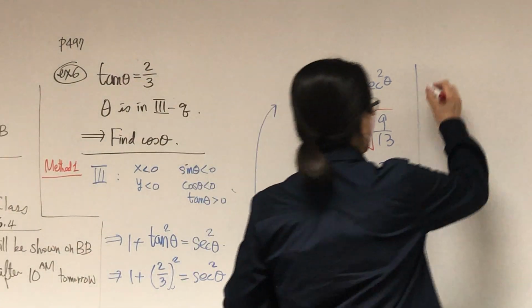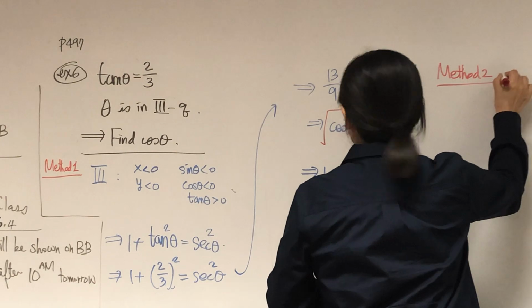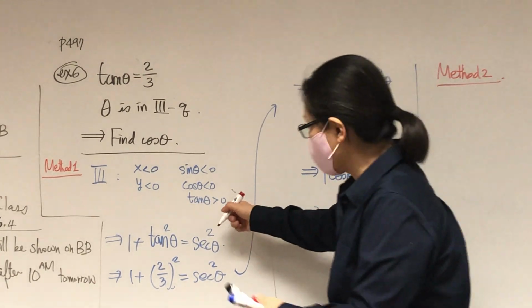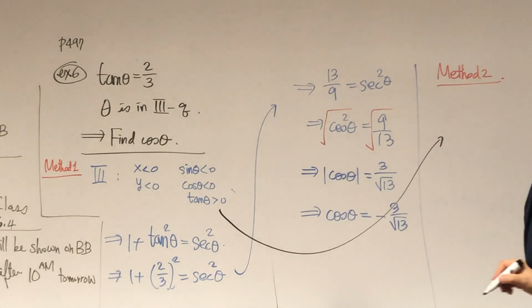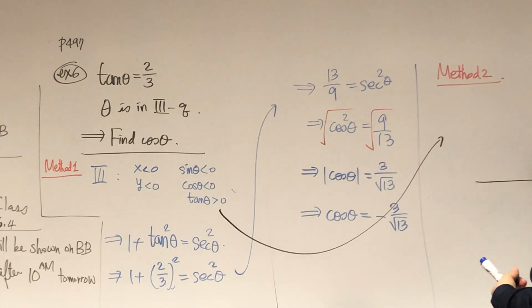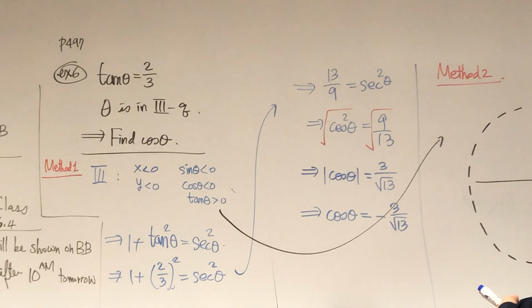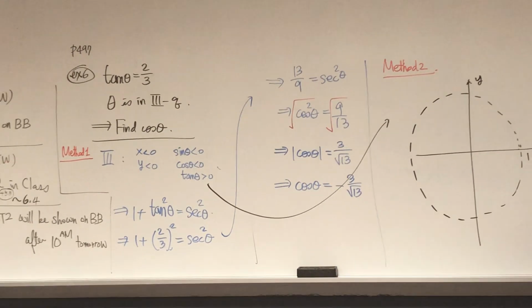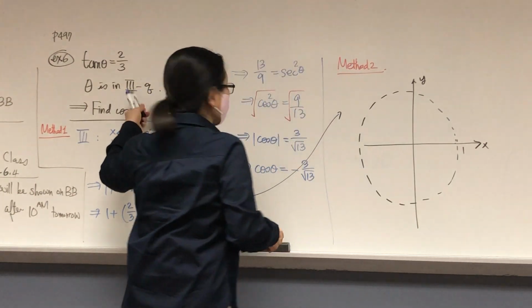Method 2. Go back to previous. After this, what do we want to do? Draw the picture. Now, your angle theta is in the third quadrant.